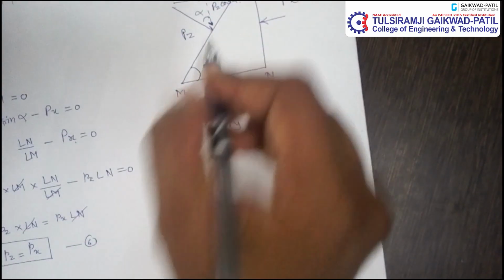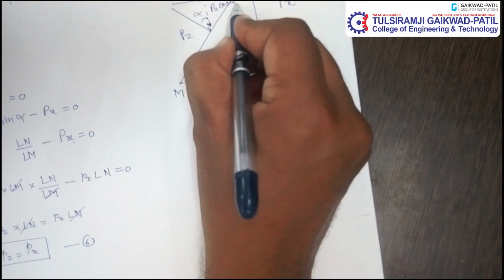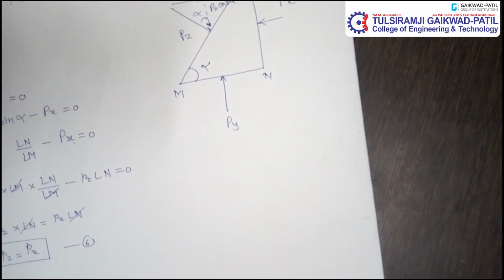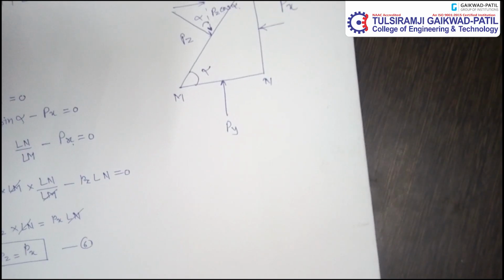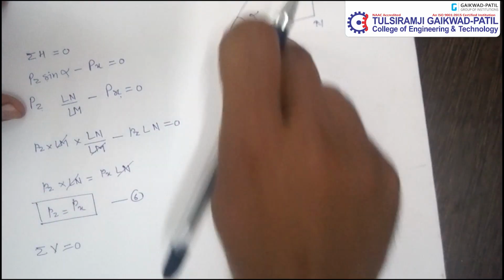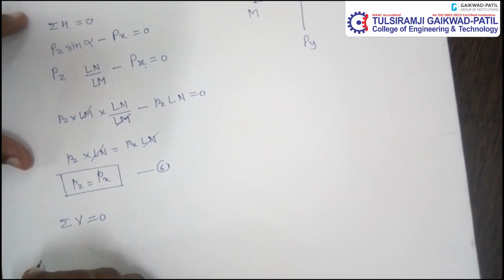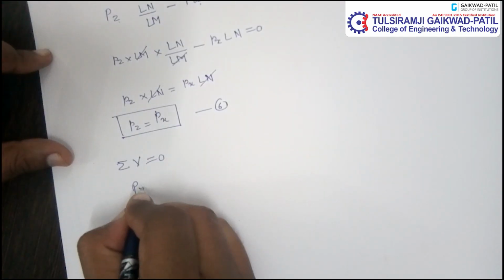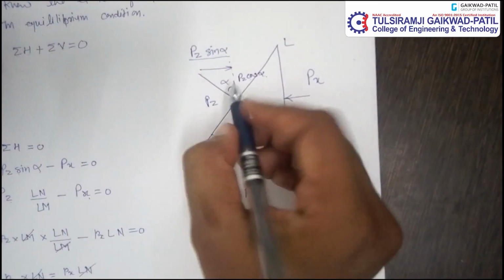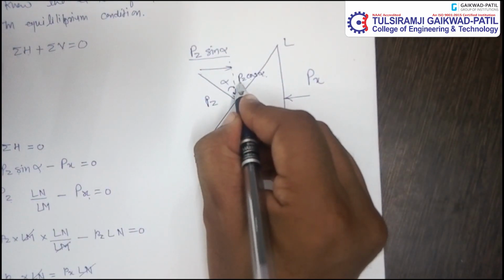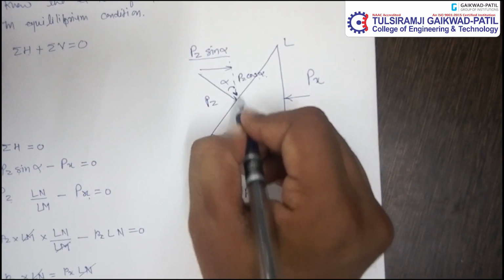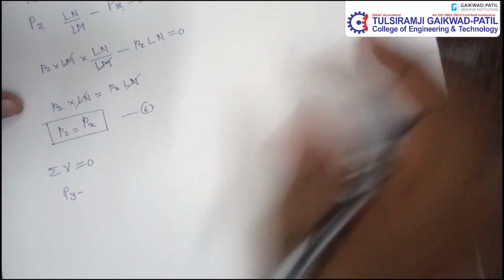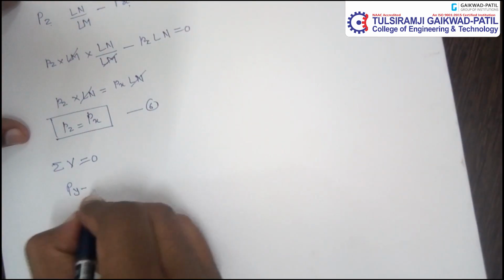Similarly, summation of all vertical components is equals to 0. So where is vertical component? Vertical component is Pz cos alpha and Py. Py is acting in upward direction, therefore this is positive sign, capital Py, minus this Pz into cos alpha, which is acting in downward direction, therefore we will consider it minus.